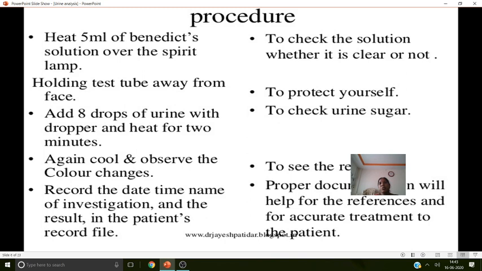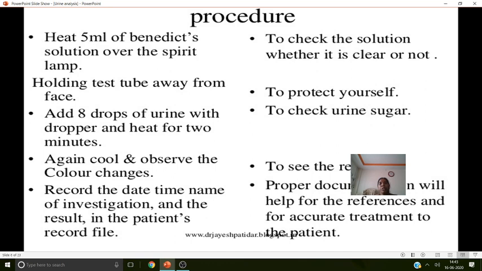This is to check whether the solution is clear or not. We hold the test tube away from the face to protect ourselves, because during heating the fluid may spill out and cause burns. After that, add 8 drops of urine with a dropper.